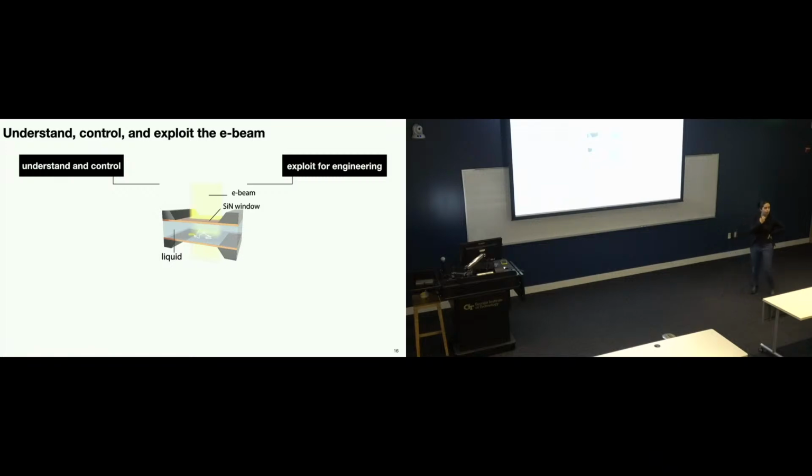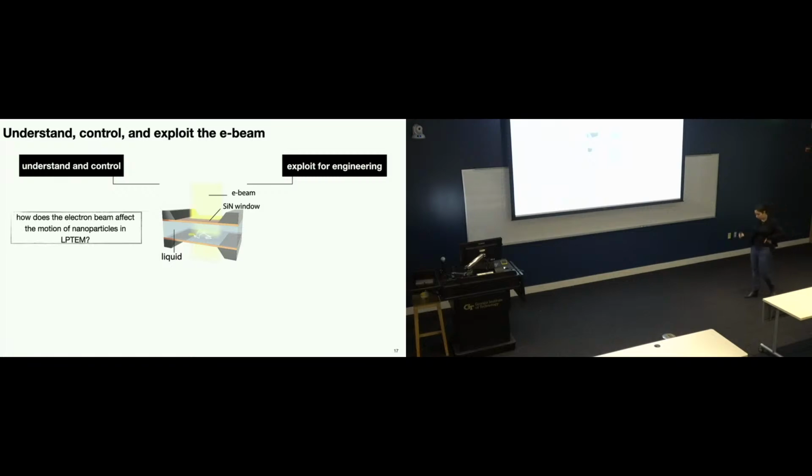We also need to understand how this electron beam is interacting with the system that we study. So the first step in using liquid phase TEM for single particle tracking is understanding and controlling the effect of the electron beam on the system. And once we have that, then we can go ahead and use it as an engineering tool.